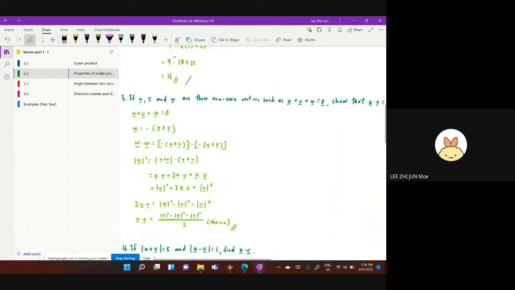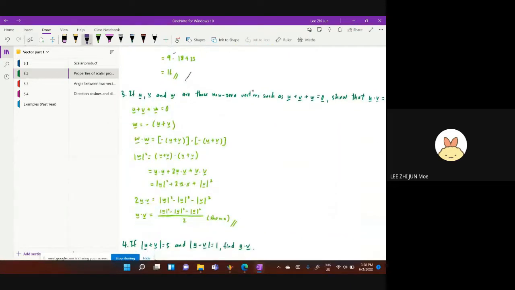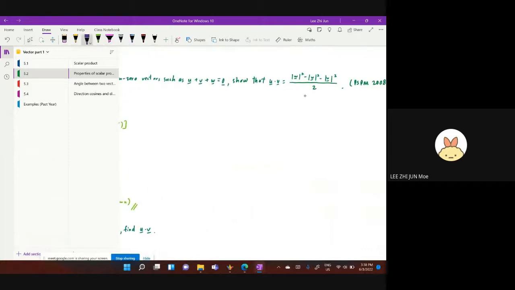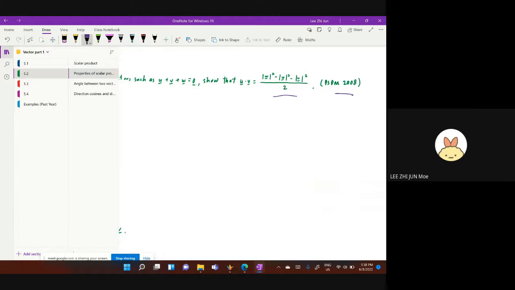Okay, so if U, V, and W are three non-zero vectors, such that U plus V plus W equals 0, show that U dot V equals this thing. This comes from PSPN 2008.